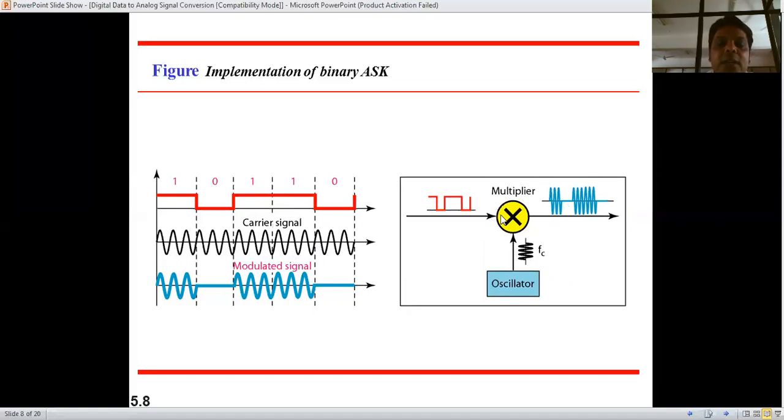It will be transmitted through a transmission medium, because we are allowed to send only analog signals, and that's the reason we are converting this digital signal into an analog signal by using a carrier frequency of some amplitude.